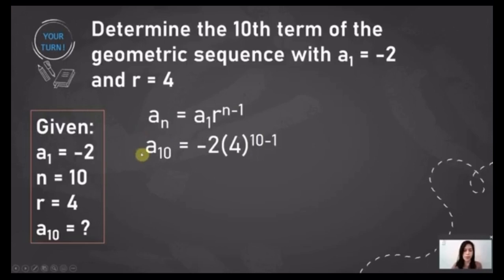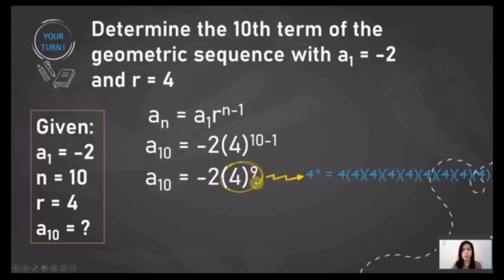Next is write the formula a sub n is equal to a sub 1 times r raised to n minus 1. Then we have to substitute all the given in the formula. Change n to 10. Our a sub 1 is negative 2, r is 4, and n is 10. Then evaluate this equation. Again, a sub 10 will now become negative 2, copy 4, 10 minus 1 is 9. And remember that 4 raised to 9 is 4 multiplied to itself 9 times. So that's 262,144.